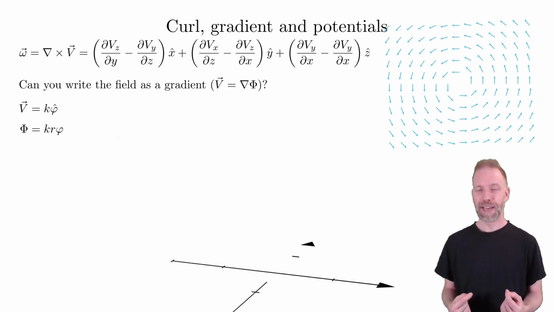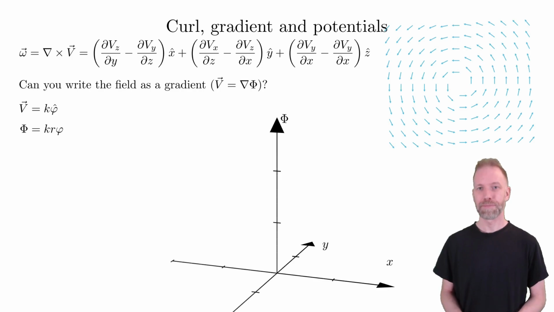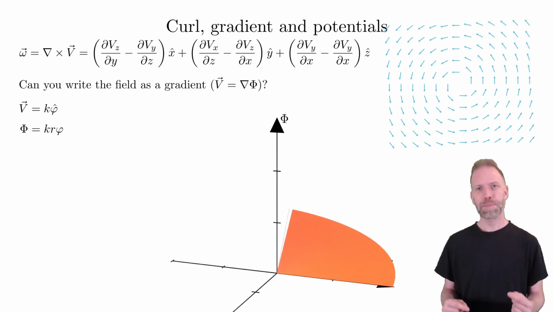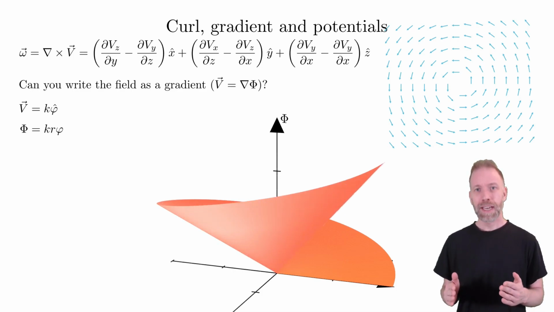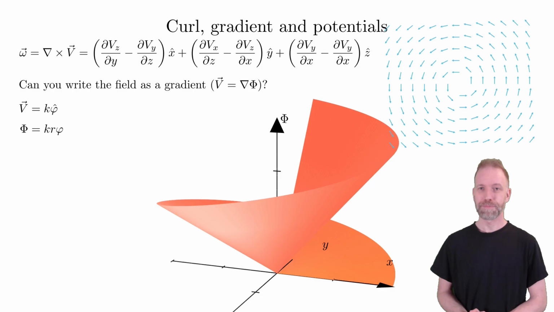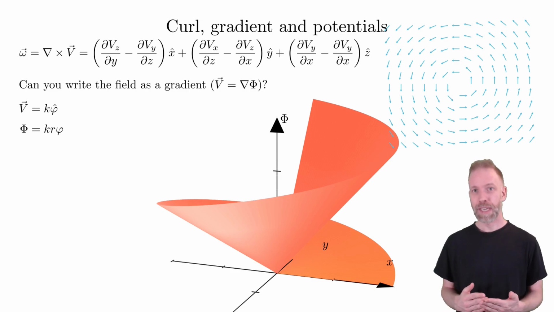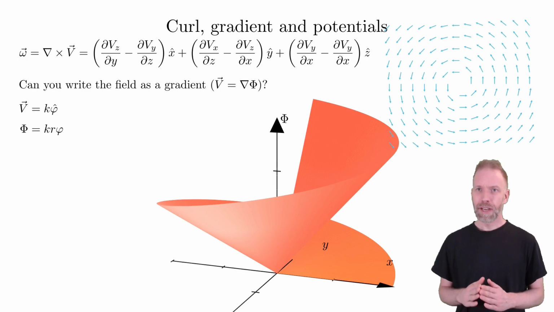Then let us plot the value of phi. There is one major issue with this figure. I encourage you to pause the video and try to figure it out yourself. The problem is the following. If we use Cartesian coordinates, each set of x and y coordinates should have only one value for phi.